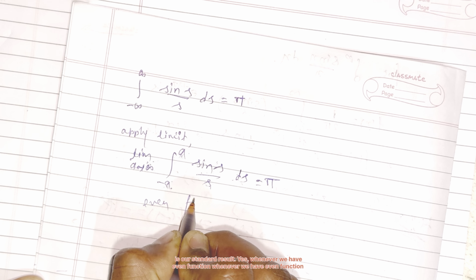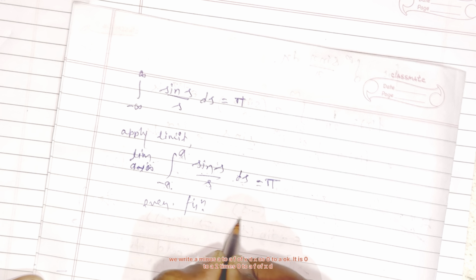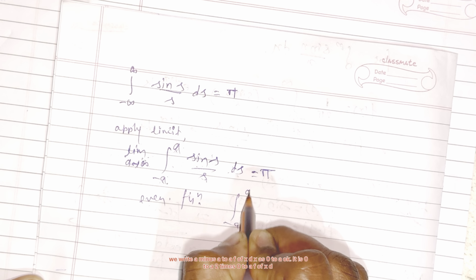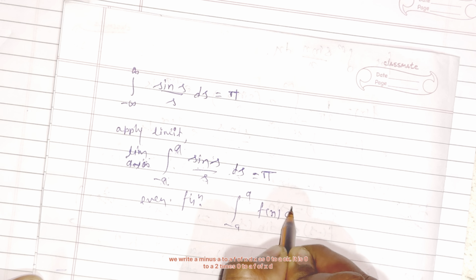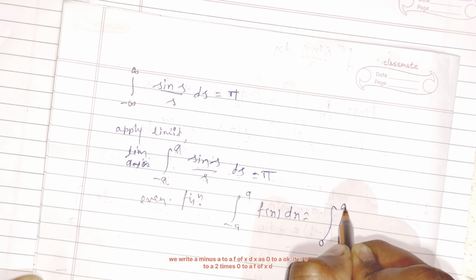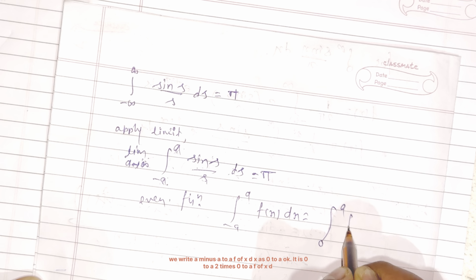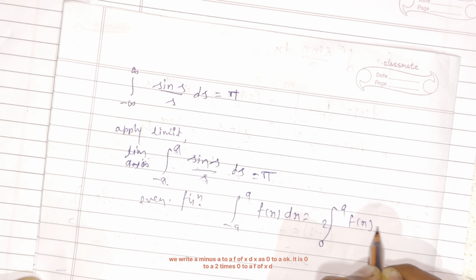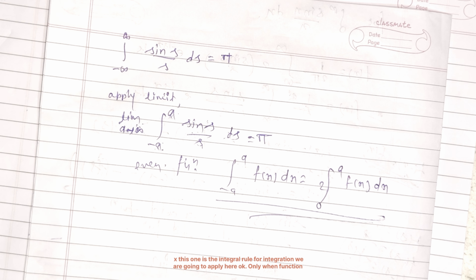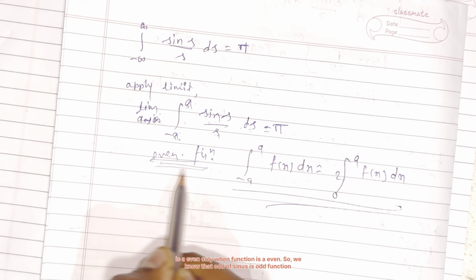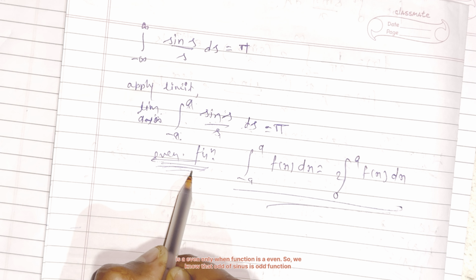Whenever we have an even function, we write the integral from minus a to a of f of x dx as 2 times the integral from 0 to a of f of x dx. This is the rule for integration we are going to apply here, only when the function is even.